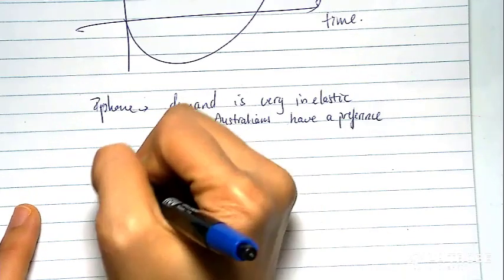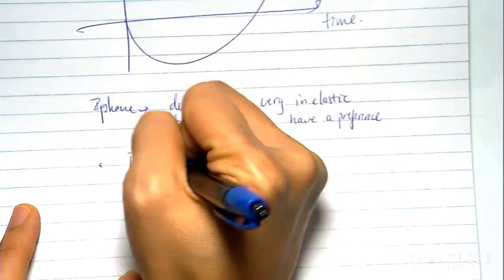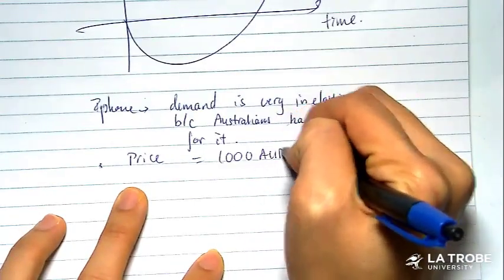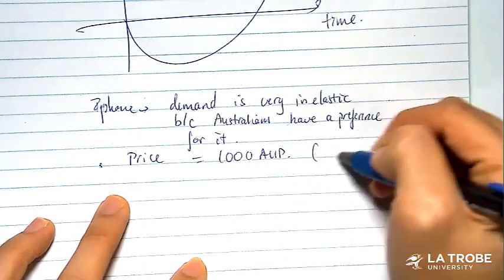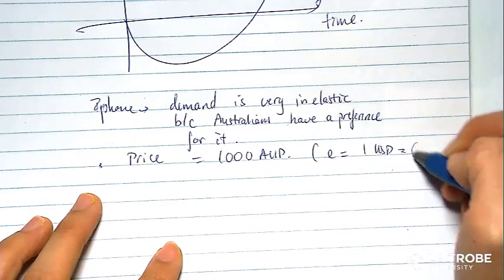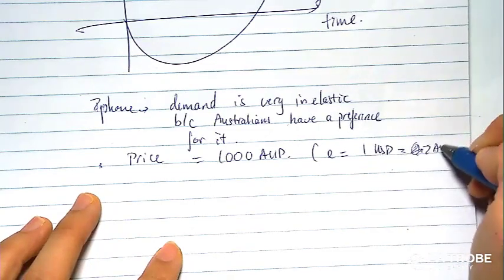So suppose at first the price of an iPhone is 1,000 Australian dollars, and the current exchange rate is that for every one USD, we can buy 2 Australian dollars, right?